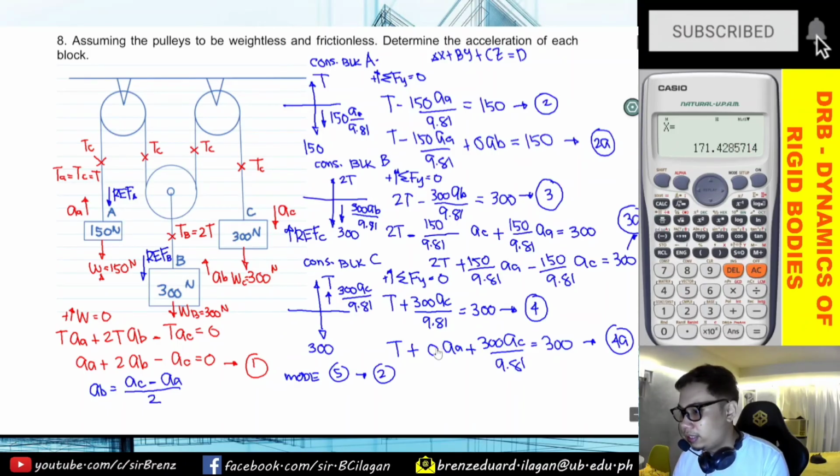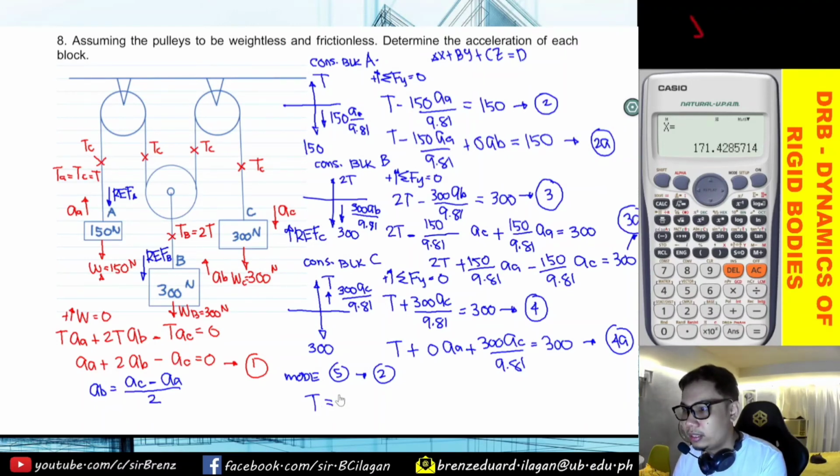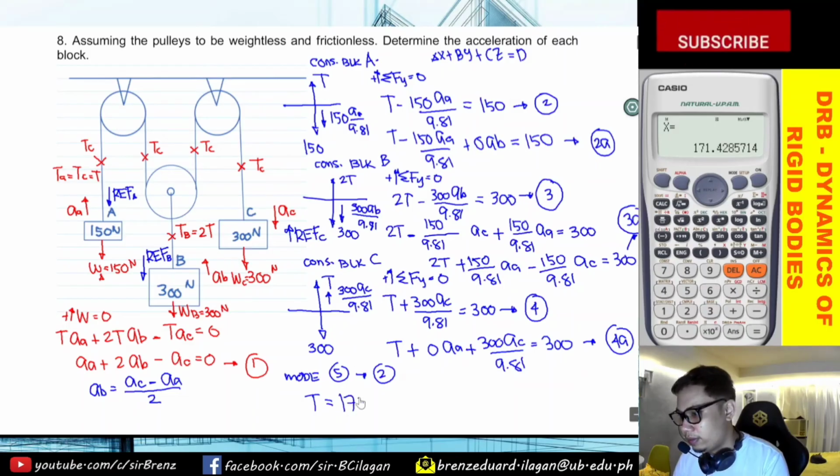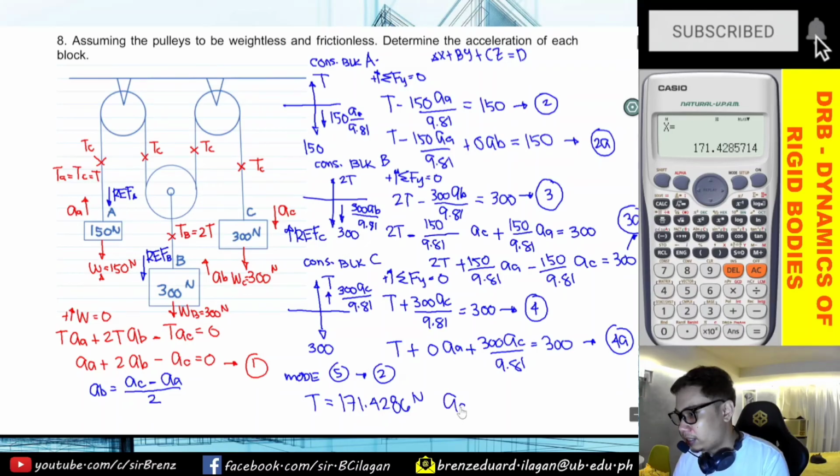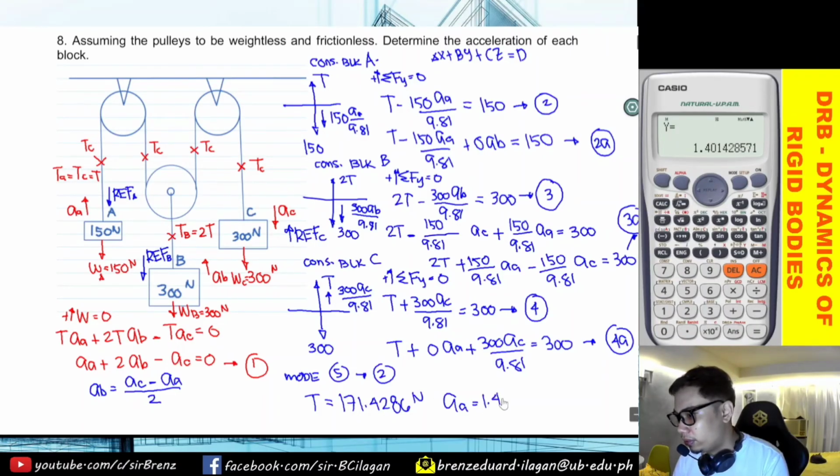Okay, so the tension in the cable is equal to 171.4286 Newton. And then acceleration of block A, so we have 1.4014 meter per second squared.